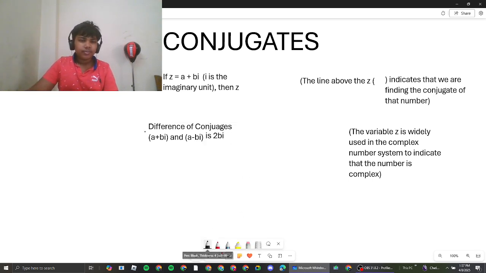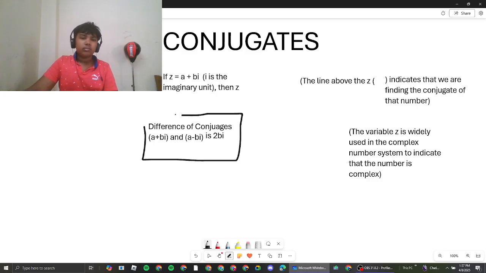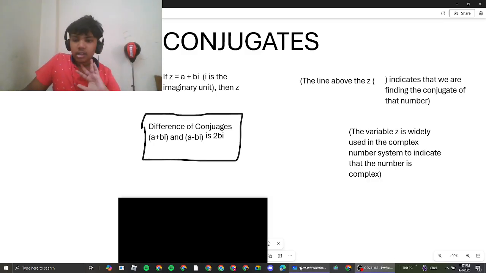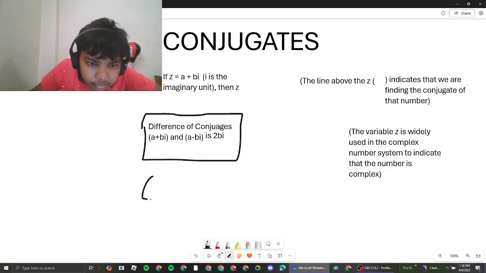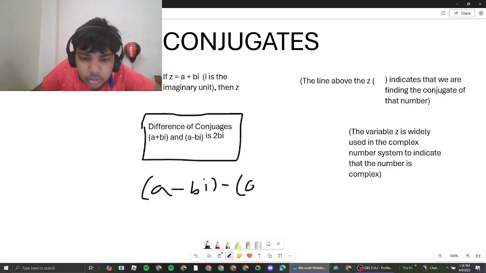Remember this also. What if we do it vice versa, a minus bi minus a plus bi? Let's see if the answer is different or the same.